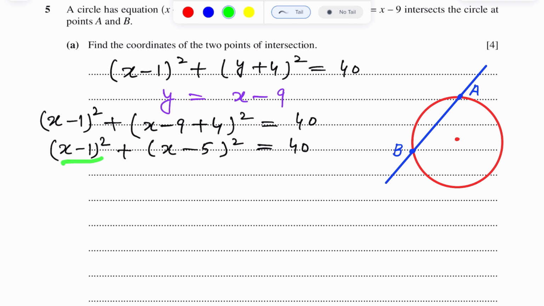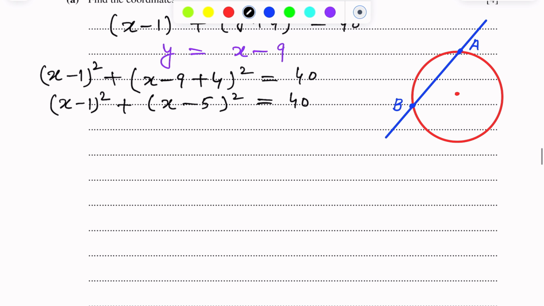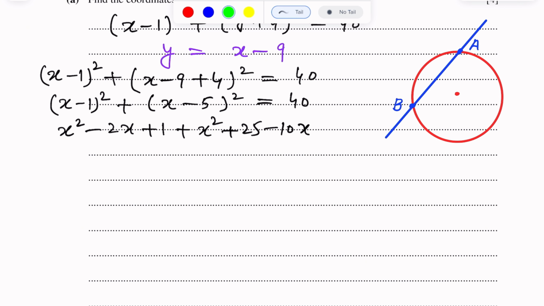Expanding by using identities, we get x² − 2x + 1 + x² + 25 − 10x − 40 = 0. This value we take to the left-hand side.